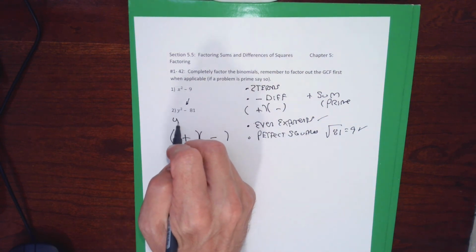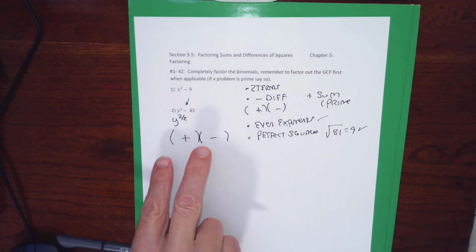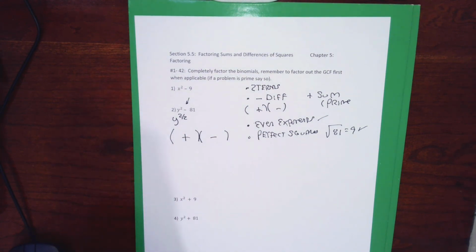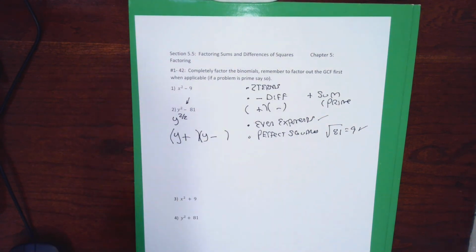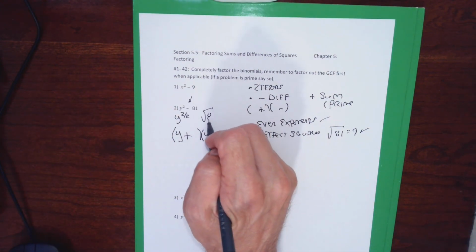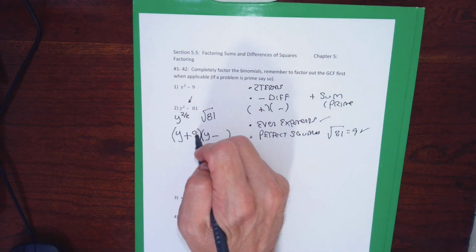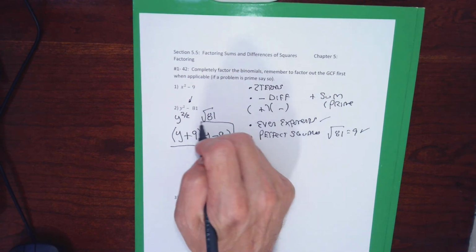I'm going to take the y squared, divide its exponent by 2, and split it evenly in the first position in each parentheses because the y squared is written first. When I divide that exponent by 2, I get a y to the first that I'm going to put in the front of my parentheses. And now I'm going to square root the 81. I know that, so I'm not going to pull out my calculator. This is checkable, but I'm not going to check it right now.